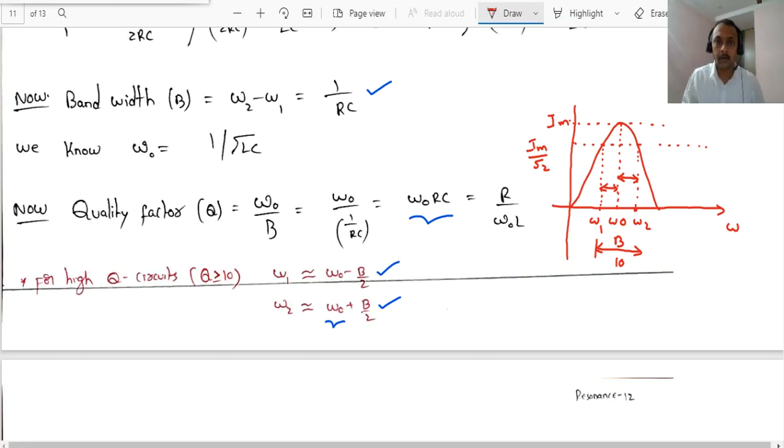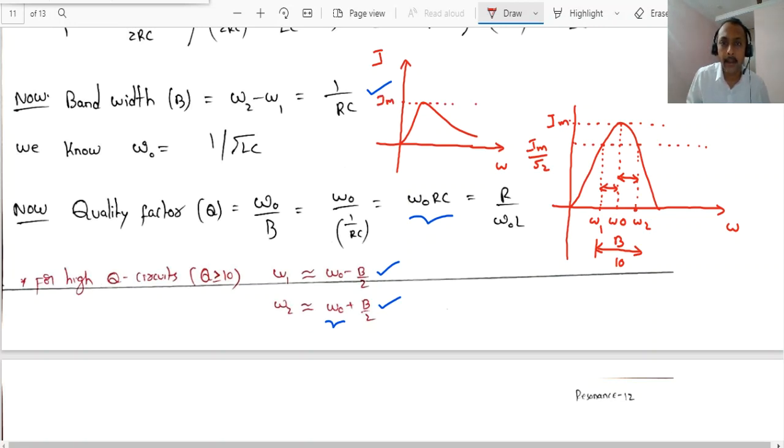For example, if you got a current waveform something like this with respect to the frequency, and this is the maximum value, no doubt, Im by root 2 is somewhere here.